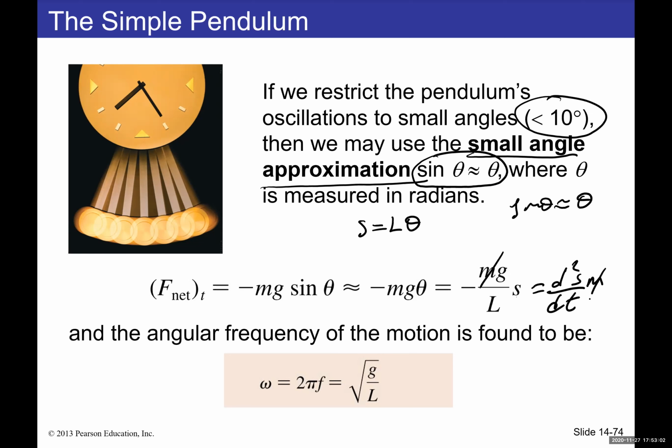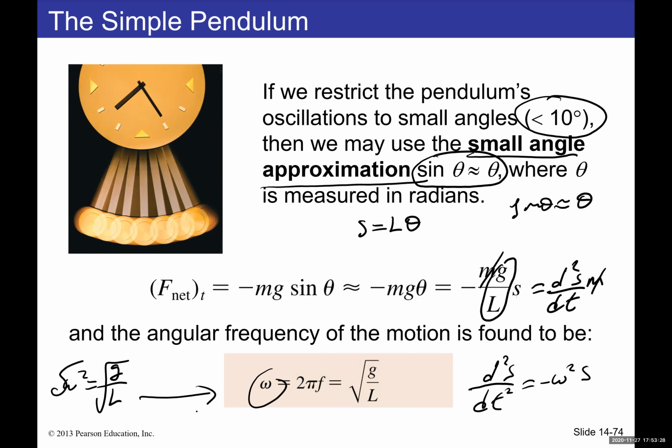Then if I cancel the m's, this coefficient in front of s is nothing but, again, omega squared. Then I can say d squared s dt squared is equal to negative omega squared times s, where omega for the pendulum is the coefficient in front of the s. So omega squared is equal to g over L, or then taking the square root of both sides, we end up with this.